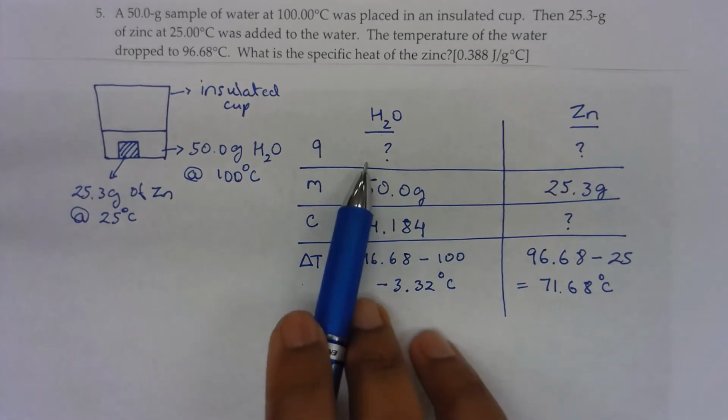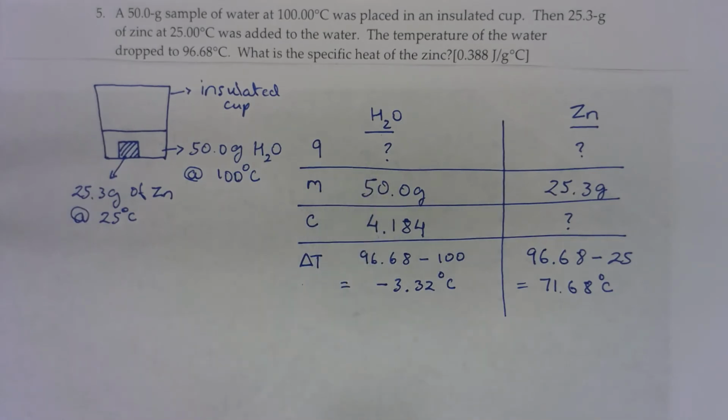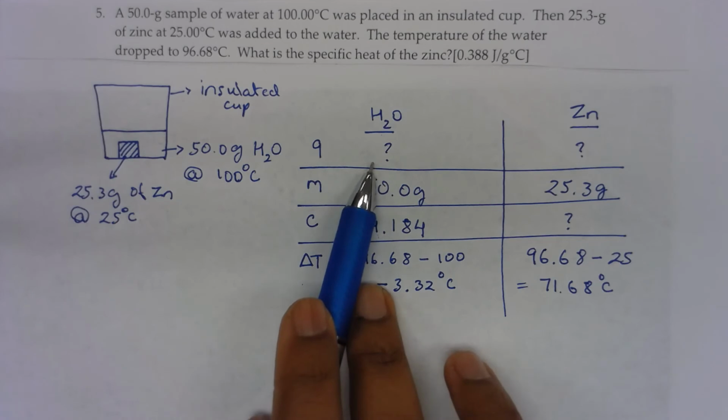Is it possible for us to find the value of Q for water? Yes, because it's only one unknown, right?